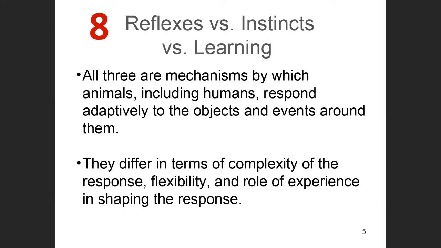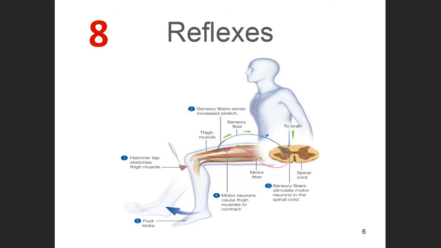So reflexes and instincts are not anything that's learned, and they're not flexible because they follow the same pattern for a species, and you don't need any experience for a reflex or an instinct to occur. So let me show you a couple of examples. A reflex is something that comes from the lower part of the brain.